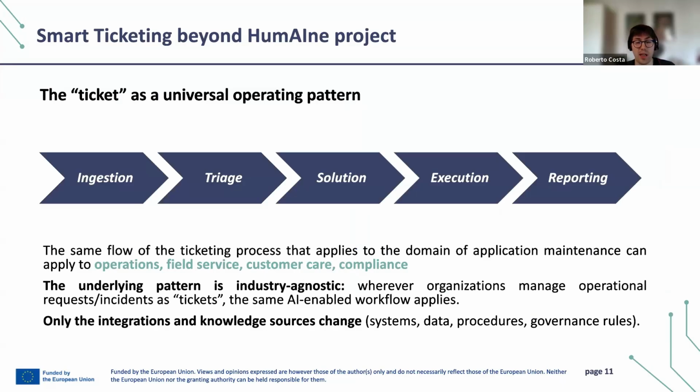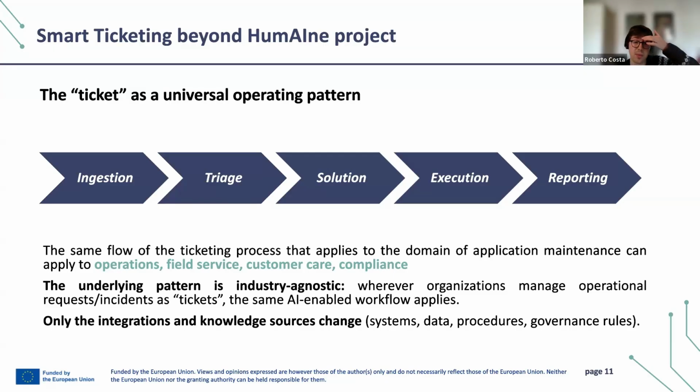And moving on to the ticketing process as a field of analysis. We believe that the ticket can be intended as a universal operating pattern. Here you can see the ticketing process and all its stages, which are very replicable in many different fields, such as operations, customer care, and compliance, and is an underlying pattern that is industry agnostic and can be applied to many organizations for many different projects and contexts.